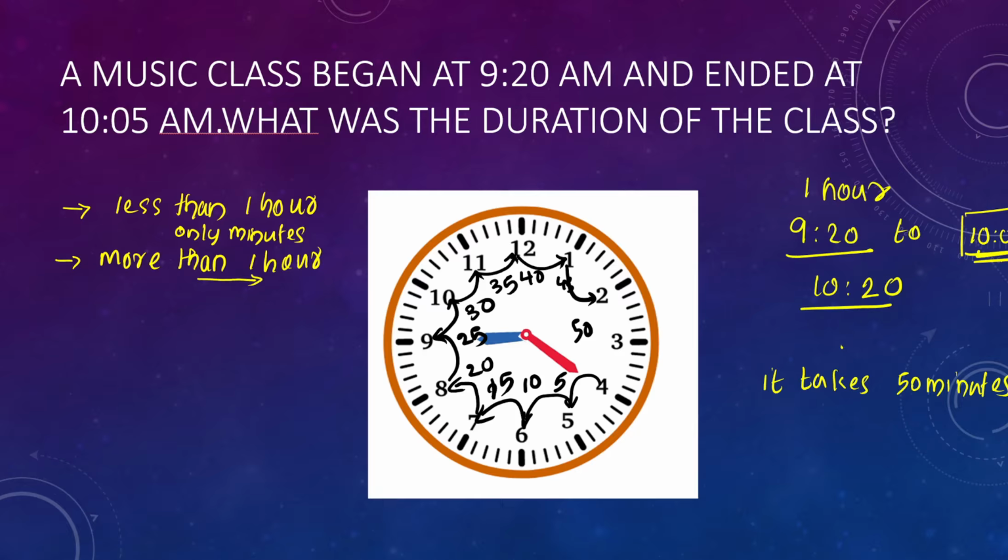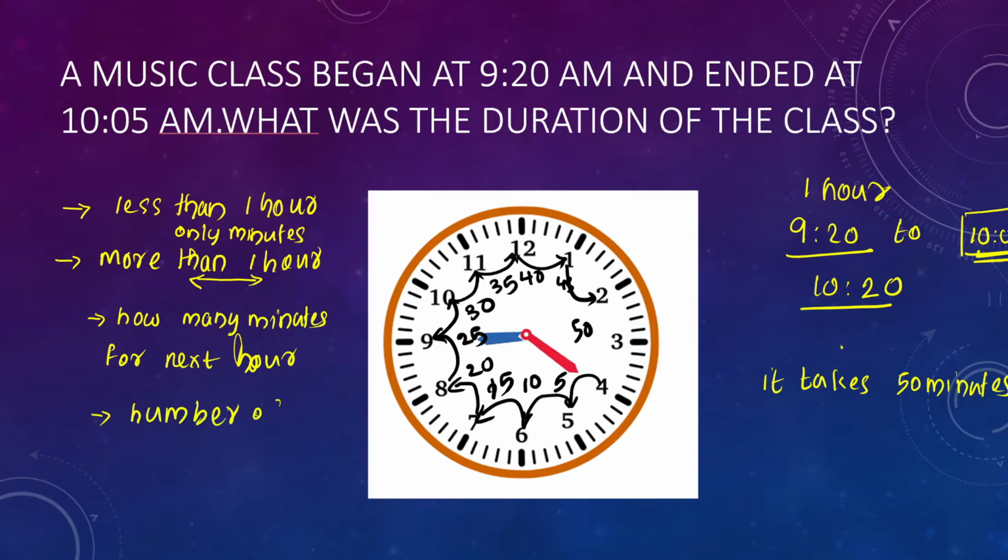If it is more than 1 hour, what do you have to do? First you count how many minutes to the next hour, then you count the number of hours. This is the method you can follow.